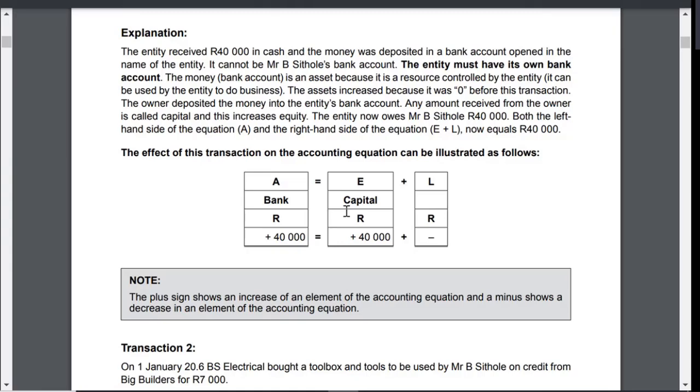So what is a current liability? What is a current asset? A current asset is an asset that is due within 12 months. A non-current asset is an asset that is due longer than 12 months. I'll give you an example.